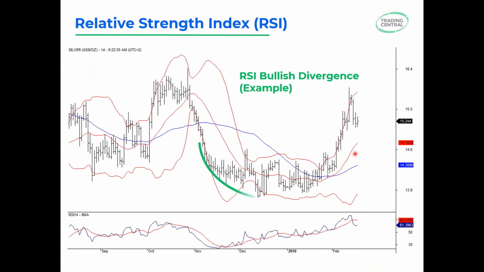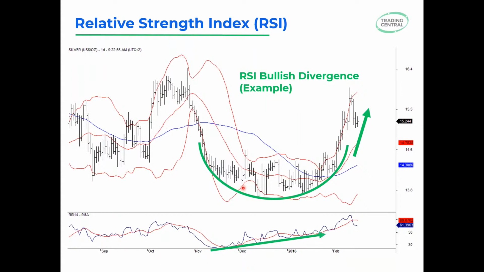At that time, we are seeing the silver price going nowhere. It seems to be going nowhere, but if you are smart, if you look at the RSI, you will see that the RSI is rising.